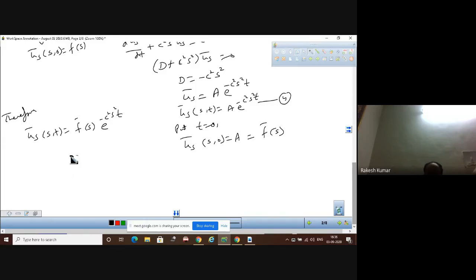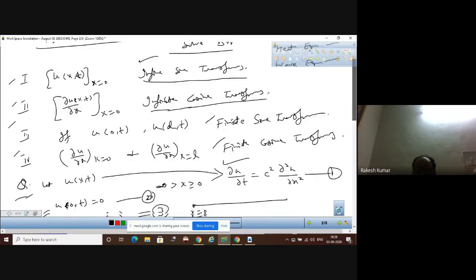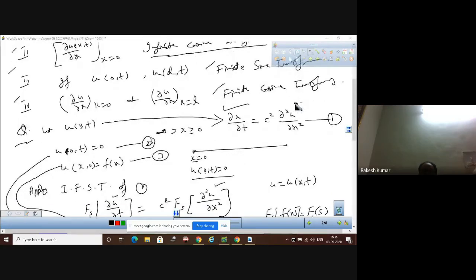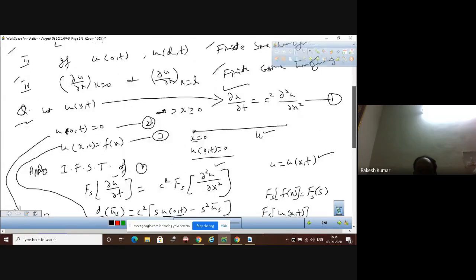And what we want to do is solve this differential equation. Solve means you have to find out the value of the required variable. U is a function of x and t, so we want to find out the value of u(x,t).